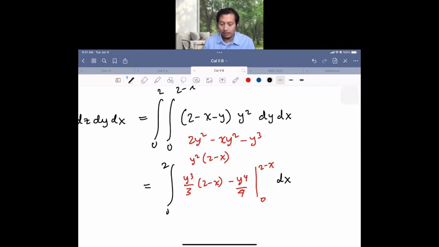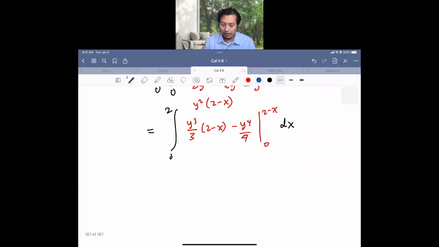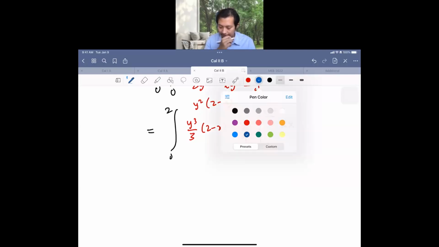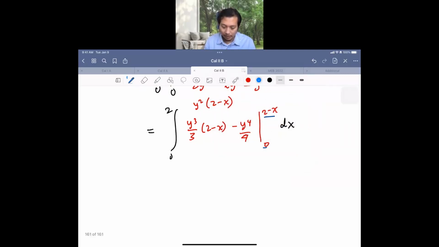We need to put in the 2 minus x first. Okay, we need to put in 2 minus x. So 2 minus x cubed, so (2 minus x) to the 4 over 3 minus (2 minus x) to the 4 over 4.